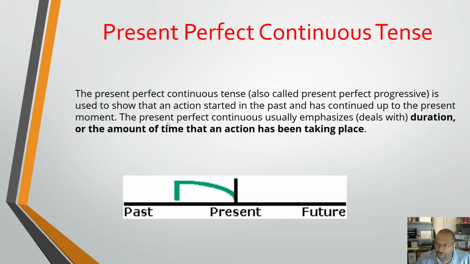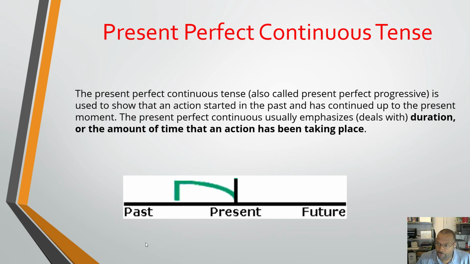Okay, the present perfect continuous usually emphasizes, which means deals with, right, duration, or the amount of time that an action has been taking place. Okay, so we don't use the present perfect continuous tense for everything. Usually we use it when we're talking about duration, meaning time, or the amount of time that an action has been taking place.